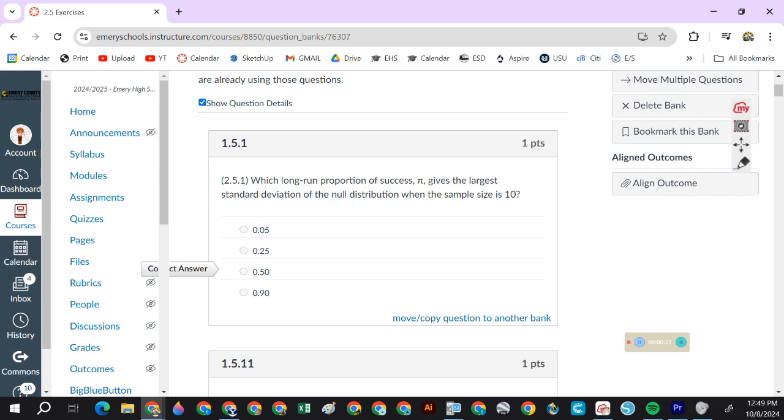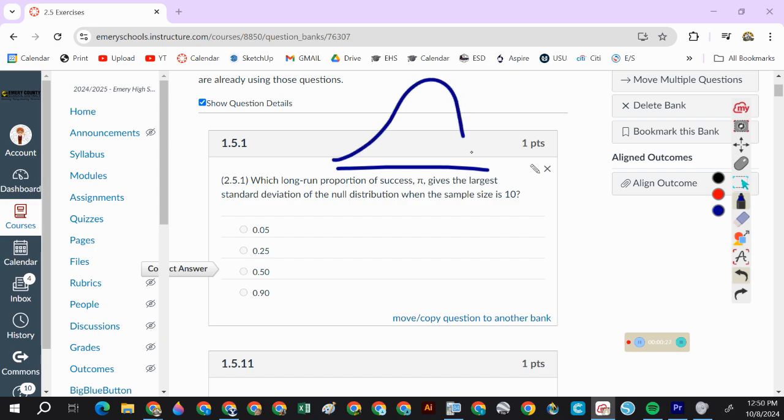If we look at our standard deviations, this is our theoretical curve, the standard normal curve, and every standard normal curve has a center of pi, and the distance from here to here is our standard deviation. The standard deviation of a theoretical curve follows the formula, the square root of pi times 1 minus pi over n.